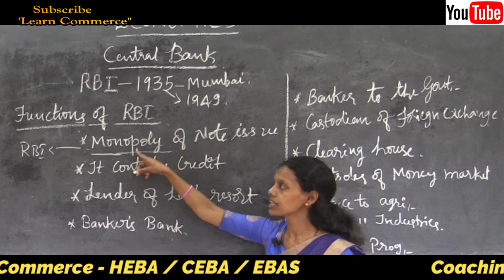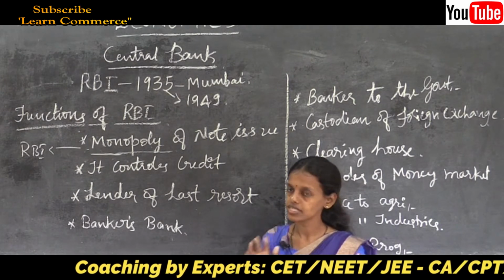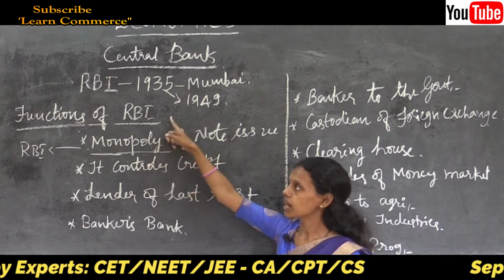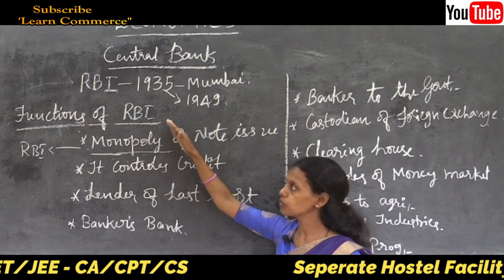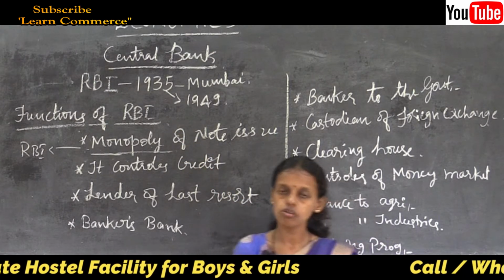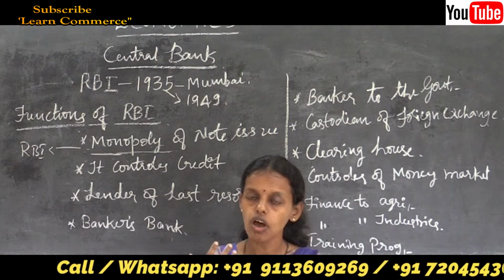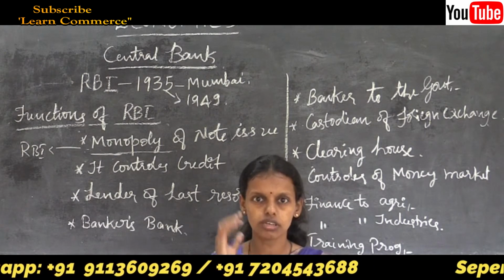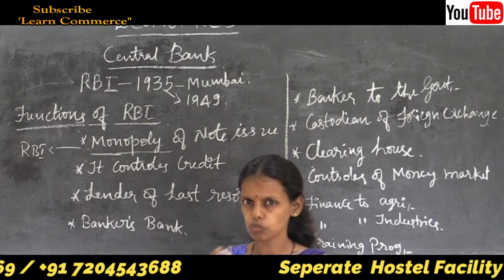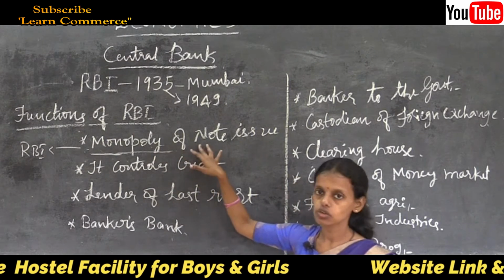Only the RBI can issue the currency notes. So, the legal issue is vested in the hands of RBI. RBI alone has the monopoly authority to issue currency notes: notes of 100, 50, 500, 20 rupees, 10 rupees or 5 rupees. Now the 2 rupee note and others are not there. So, this relates to whatever currency notes there are.